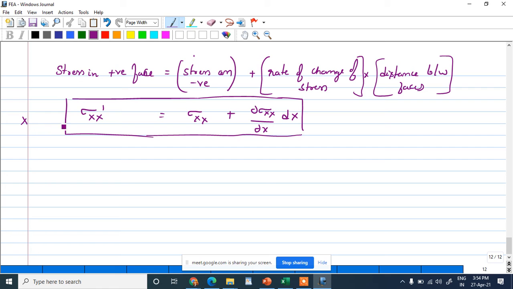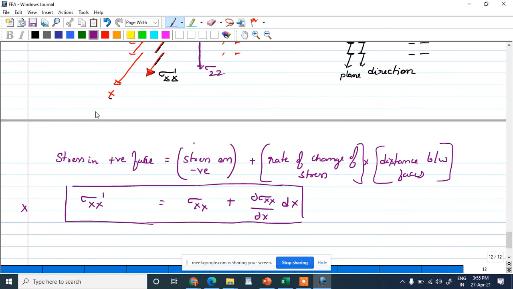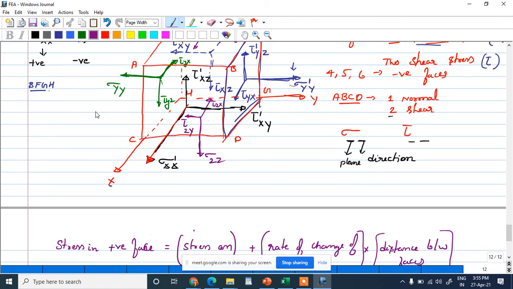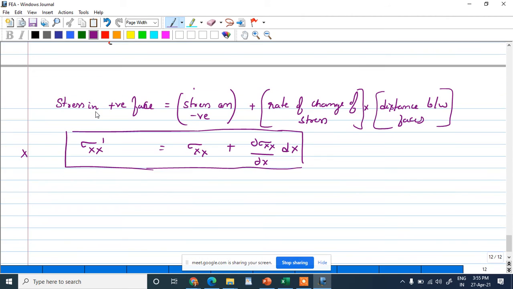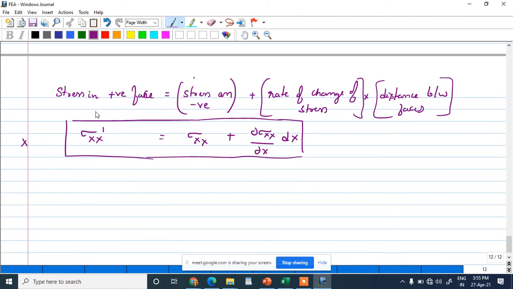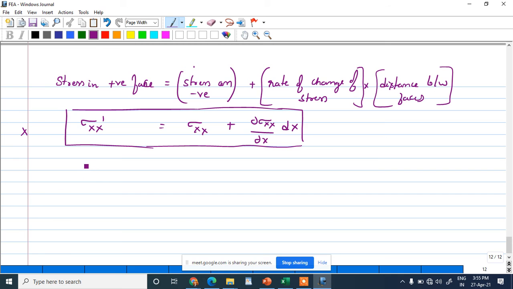So this is x. In the positive direction, if you check, in the positive face we also have tau xy and tau xz. So we have tau prime xy and tau prime xz. The formula will be the same.